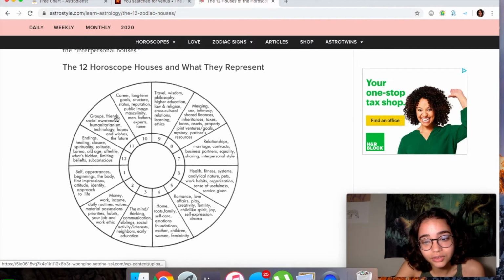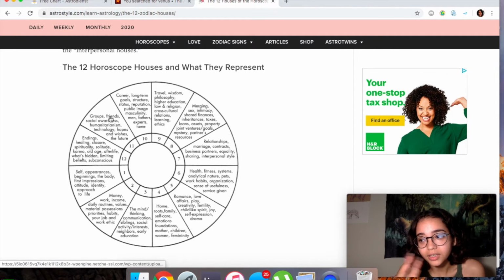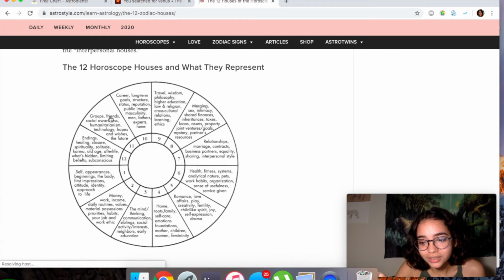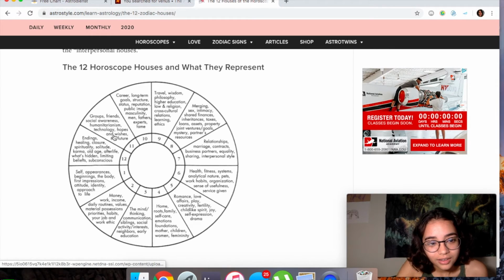So if we look at the fact that it says humanitarian in here, also friends, very true. Aquarians have a lot of good friends and a lot of connections and networking through friends. See how it says technology, hopes and wishes, the future, technological advancements. Humanitarianism.